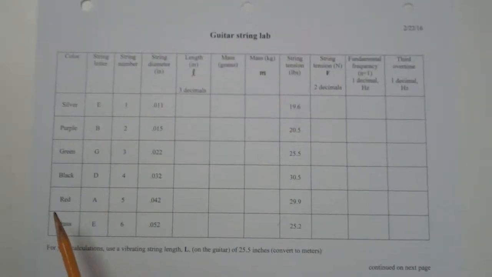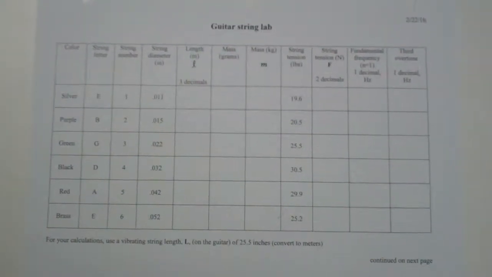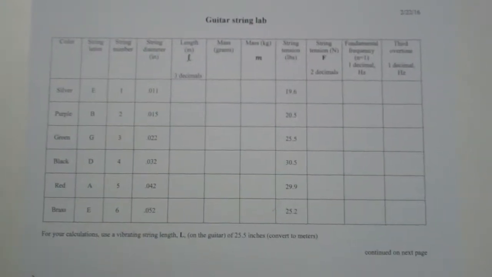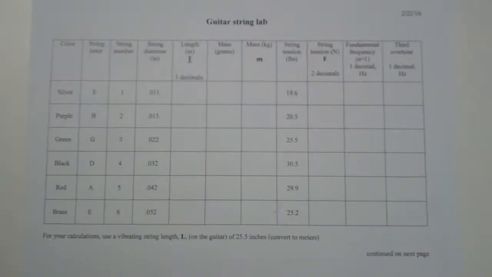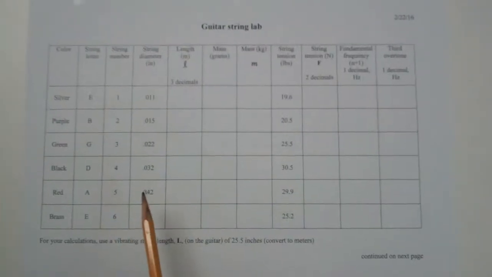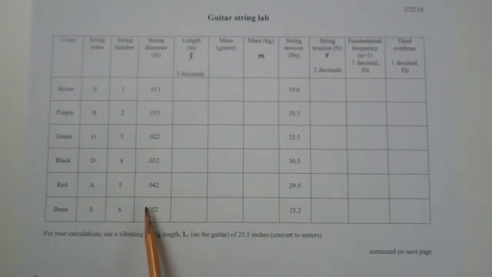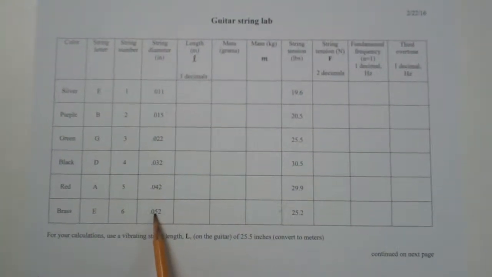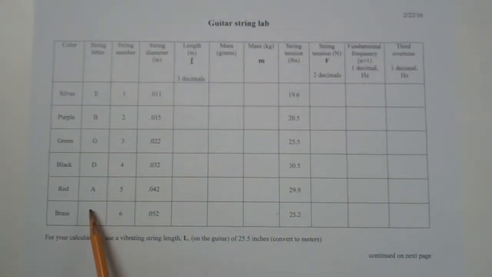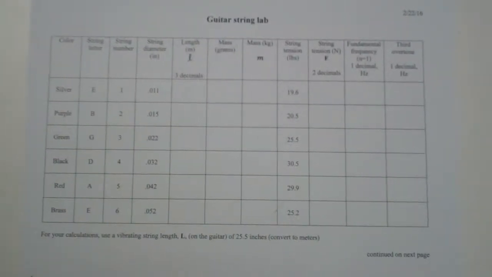You'll be using color to identify them as well. These are just colors that the manufacturer of the strings assigned to the strings. You also have string diameter. We're not going to use that at all in this lab, and then also the string letters. We're not going to use those at all.